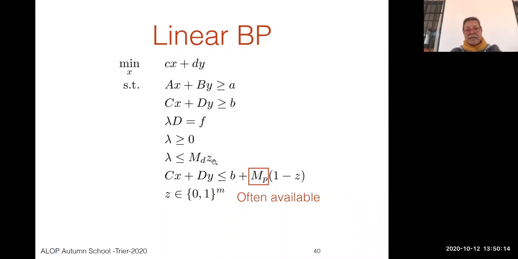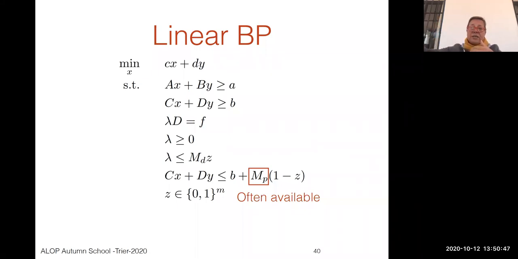Imagine that a certain Zi is equal to 1, and that the lambda in the optimal solution is equal to MD. Then that means that this constraint is tight in this MIP. And the idea of this trial and error procedure is to say, maybe it's because this MD is too tight that lambda takes this value.